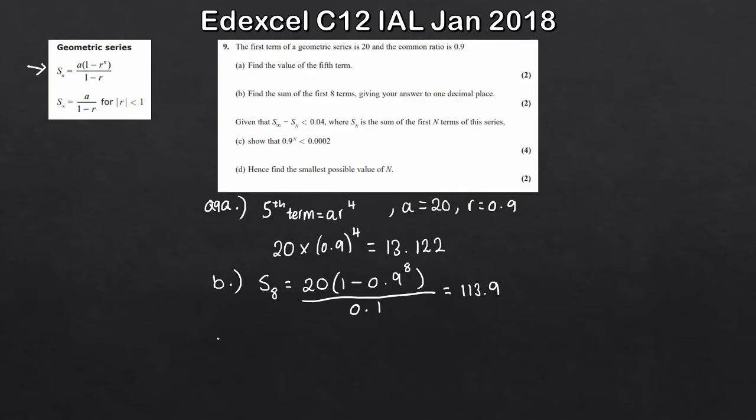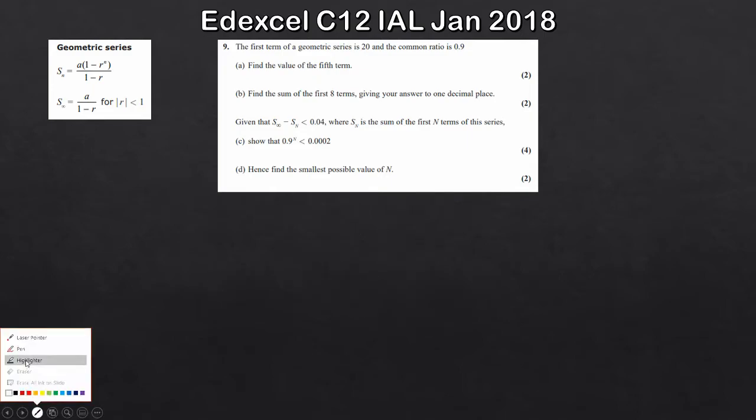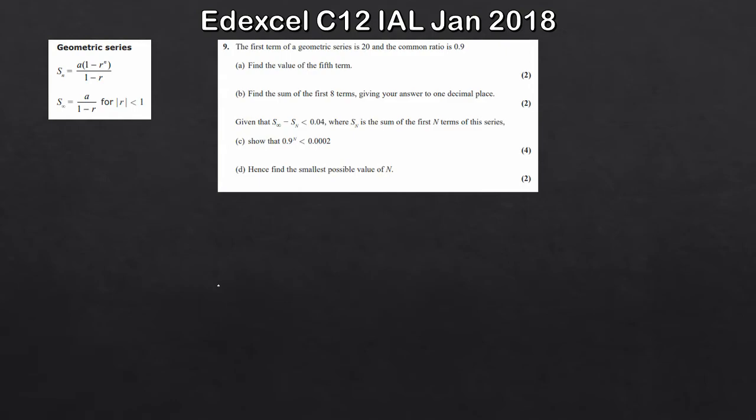C then. So I'm going to clear here just for part C because it's quite a long question. So we'll clear everything for part C. Let's have a look at this one, quite a tricky one. Part C then. We're told that the sum to infinity minus the sum to n terms is less than 0.04.